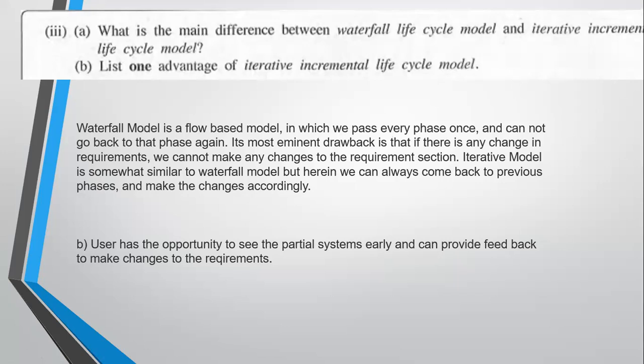The iterative model is somewhat similar to the waterfall model, but here we can always come back to the previous phase and make the changes accordingly. So that is the difference.